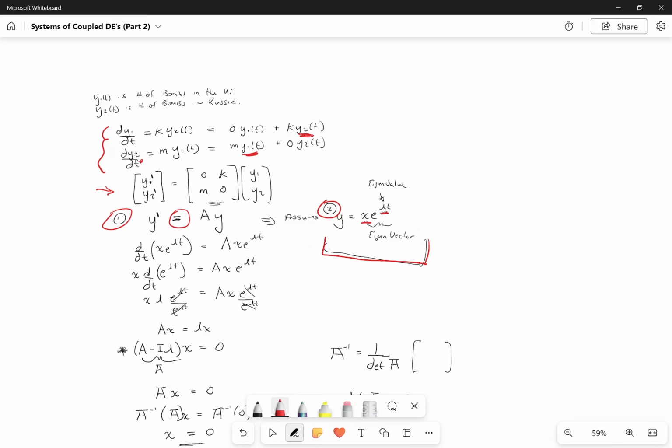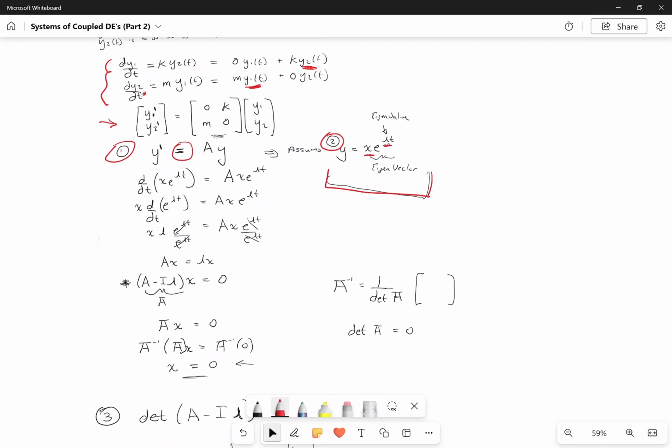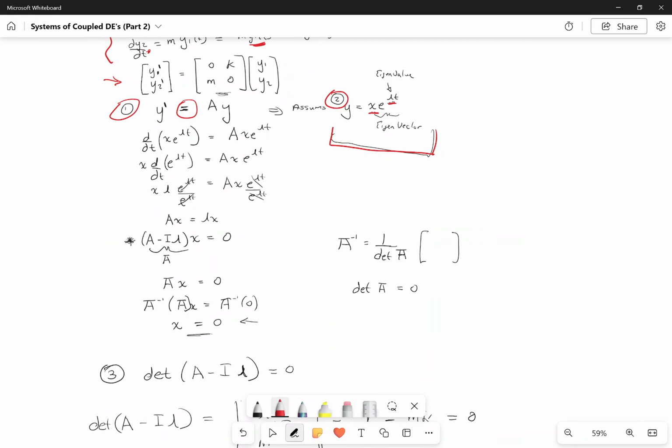Equation number 1 brings us back to the same problem that we solved when we studied eigenvalues and eigenvectors. We don't want just the trivial solution; we want x to be something other than 0.